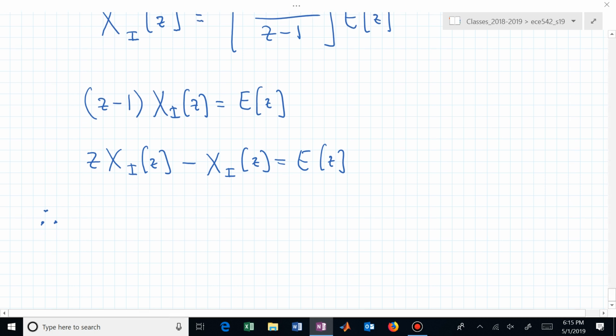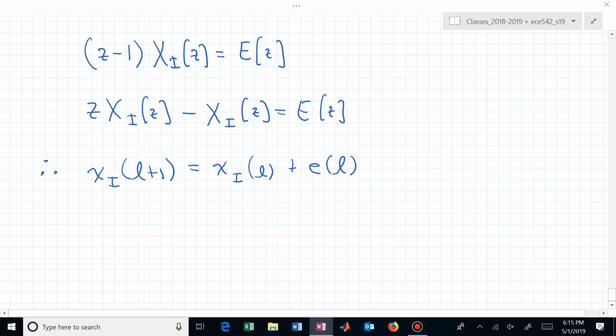Or we now have little x sub I of, let's say, L plus 1, and that's equal to x sub I of L plus E of L. We okay with that? That was pretty straightforward.